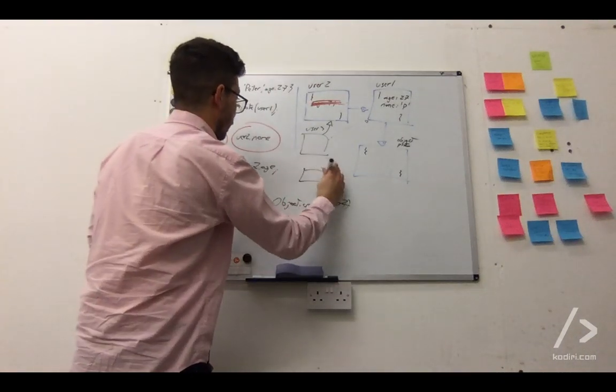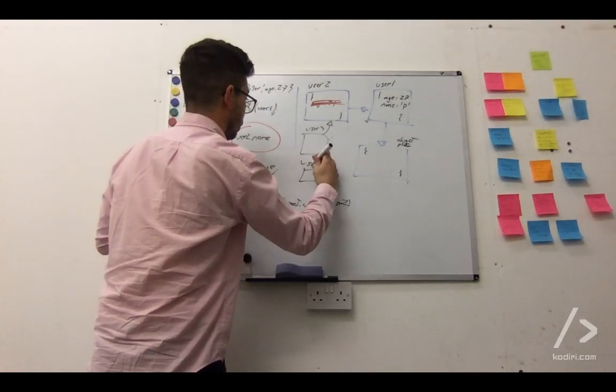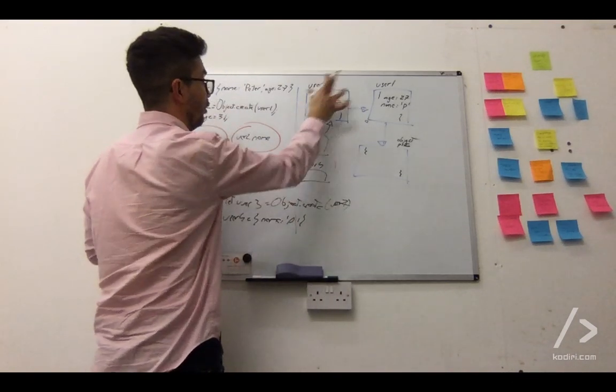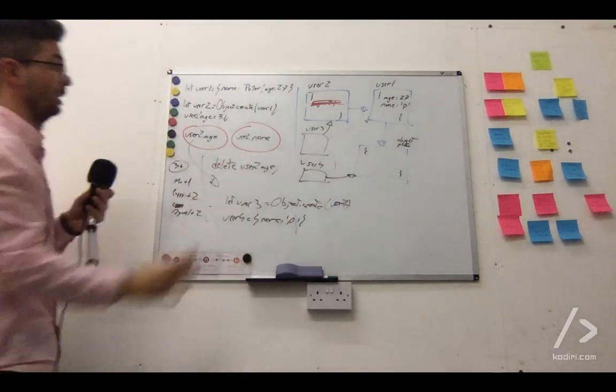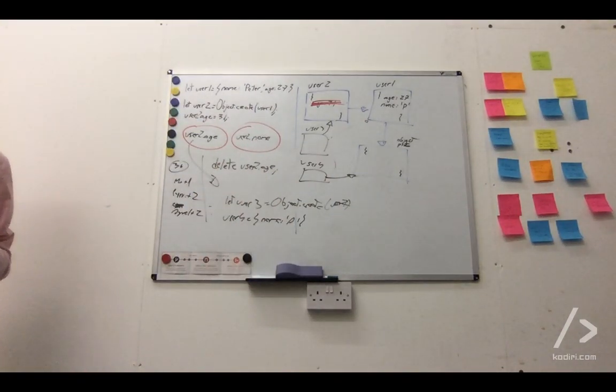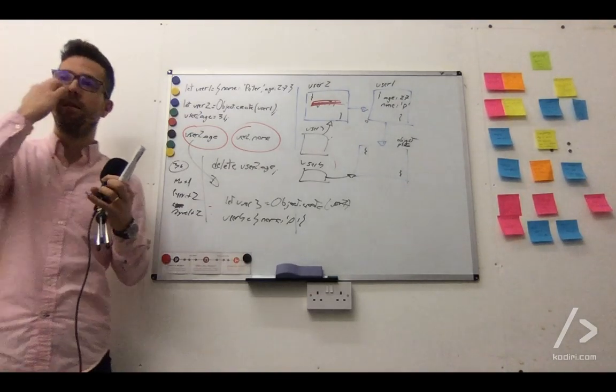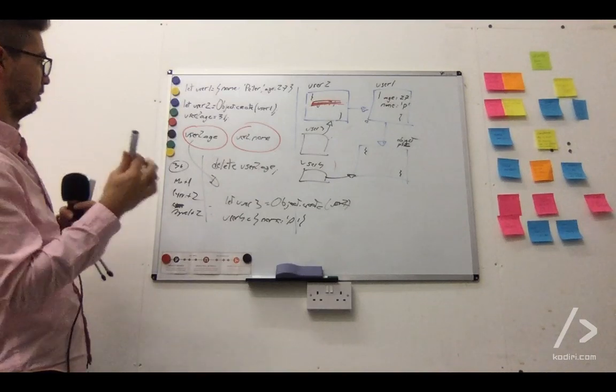We got user4 here, completely unrelated, still depending on the object prototype, but that's it. But if you pass user3 and then age, for example, that would return user3.